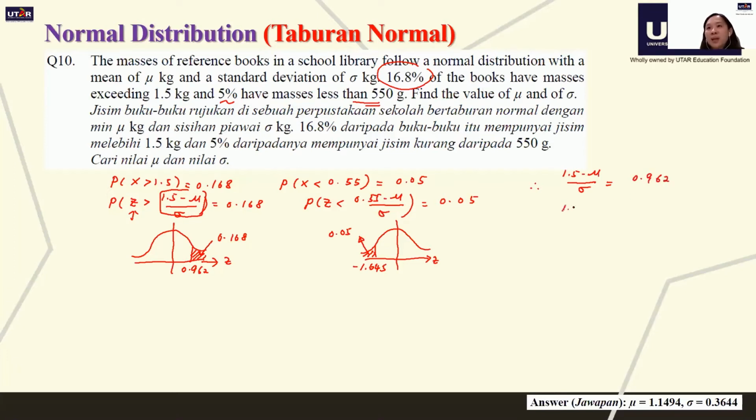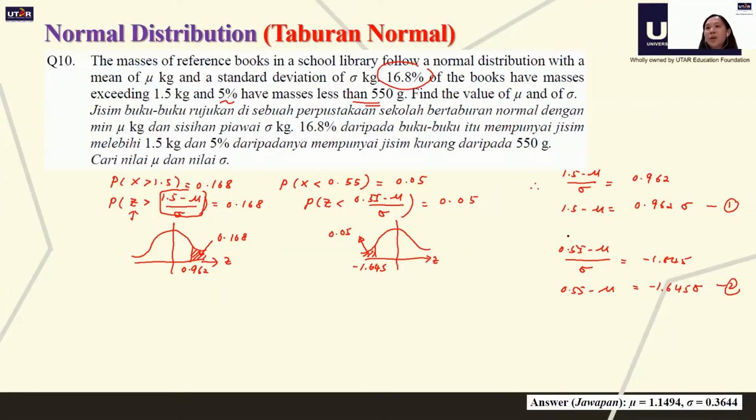So I can write in a better form, 1.5 minus mu equals 0.962 sigma, equation 1. Then the next one will have 0.55 minus mu over sigma as negative 1.645. So you have 0.55 minus mu equals negative 1.645 sigma, equation 2.